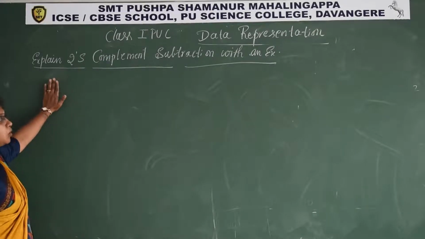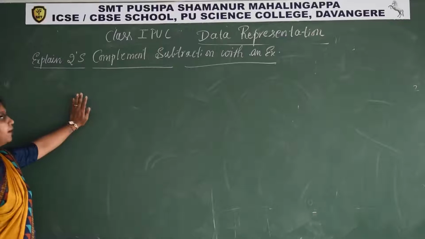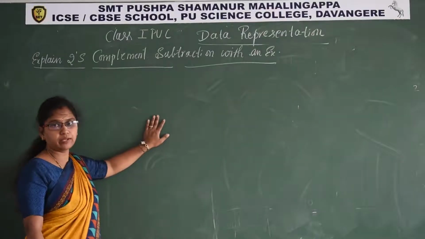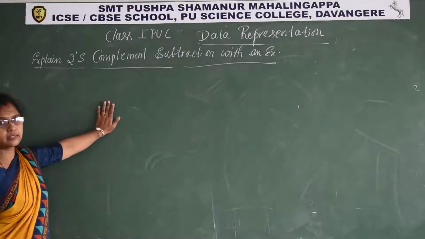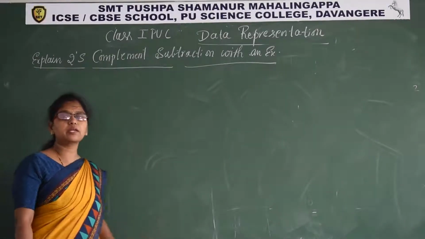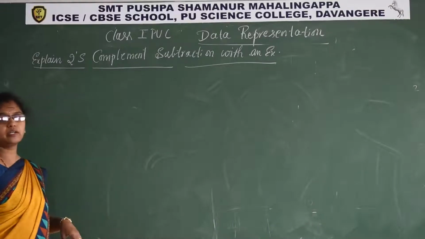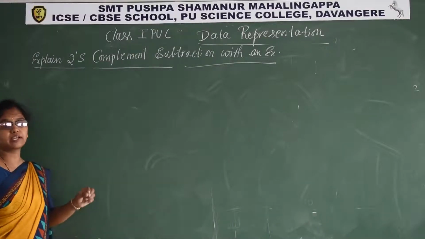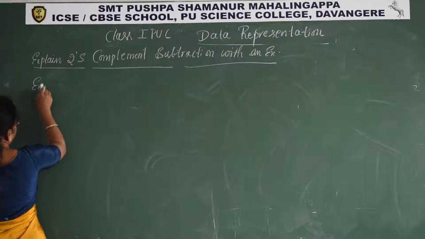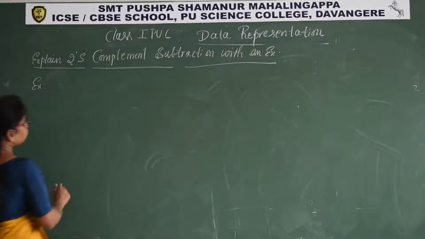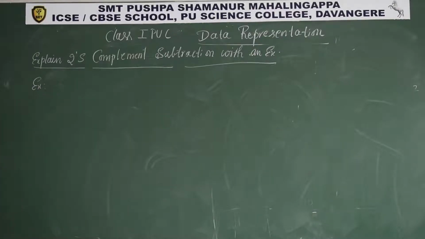We have to take 2's complement of the subtrahend, then add the 2's complement number to the minuend. We get a result. If the result has an end around carry, discard the carry. If there is no end around carry, we have to take 2's complement of the result and put the result with the negative sign. That is the step we need to write here. Consider an example here. In this way, you have to write the explanation. You have to show how to take 2's complement also.